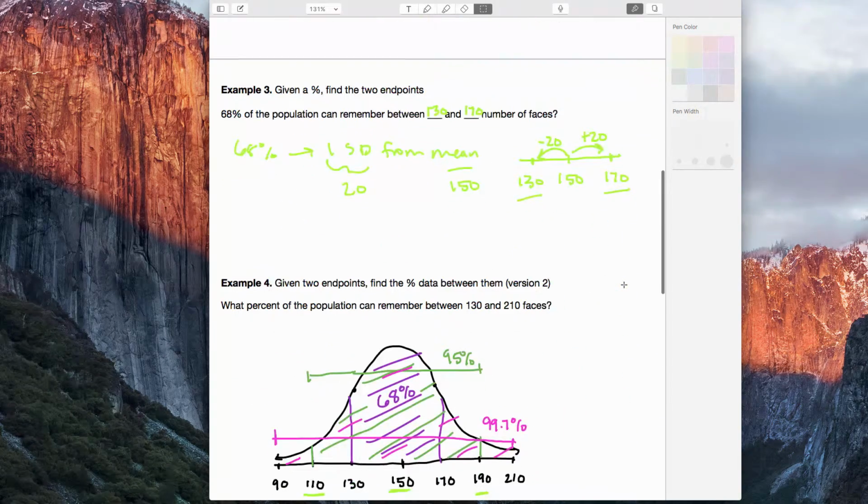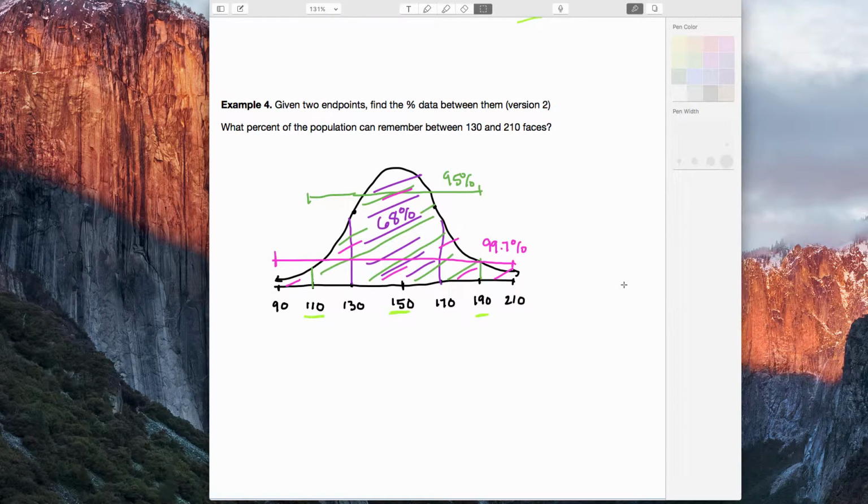Our question was about what percent of the population can remember between 130 and 210 faces.